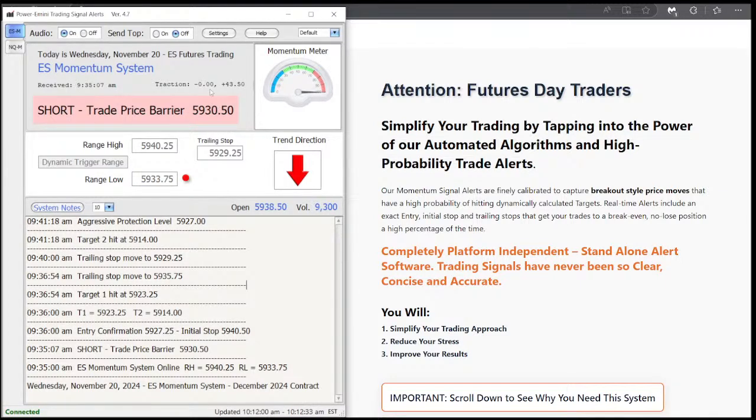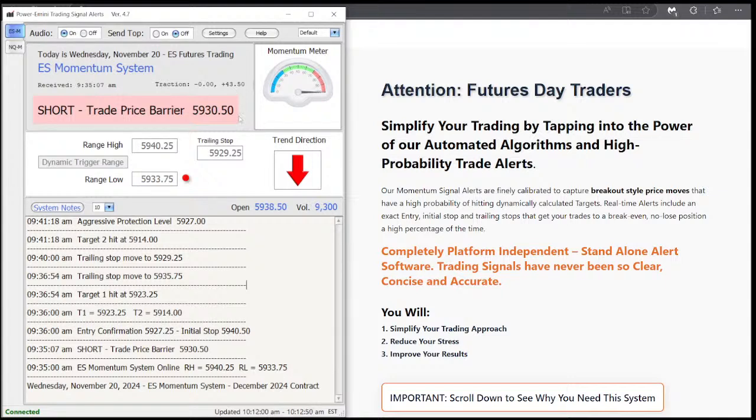So if the price moves against us, say 2 or 3 points, 3 or 4 points, it's going to show us negative traction. And over here, the positive traction is the maximum price excursion past the alert price.